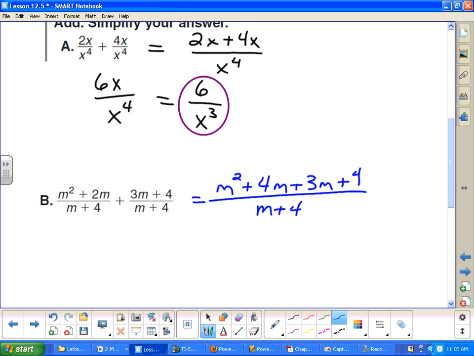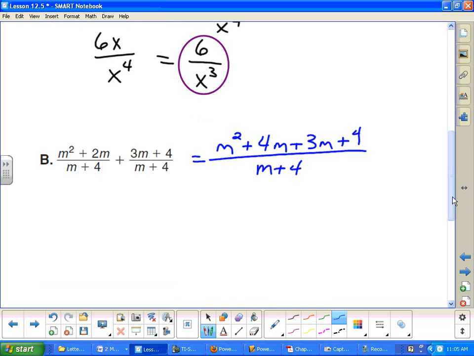So just remember, do not actually add these denominators together. It's just the common denominator. Okay, all right, so now I'll simplify it. So we get m squared plus 5m plus 4 over m plus 4.